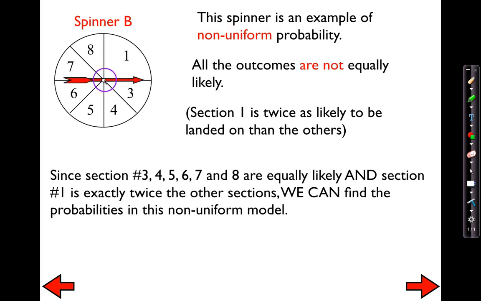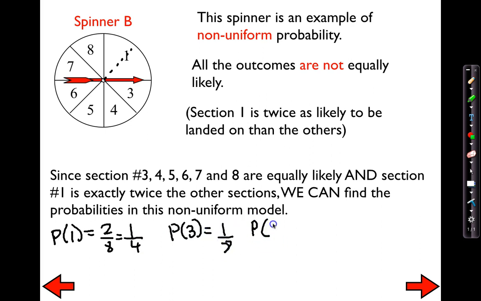So let's imagine it was still cut like so. Okay, we can say there are 1, 2, 3, 4, 5, 6, 7, 8 different possibilities. So the chances of me spinning and landing on a 1 would be 2 out of 8. So that's a quarter of the circle. The probability of a 3 would be 1 out of 8.